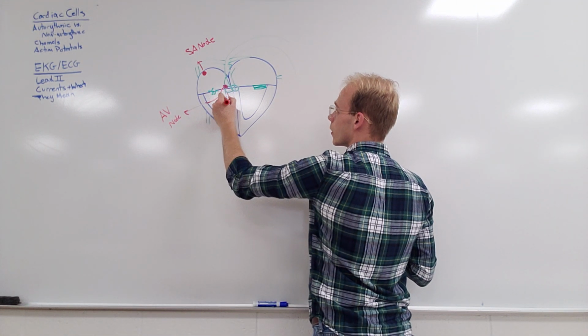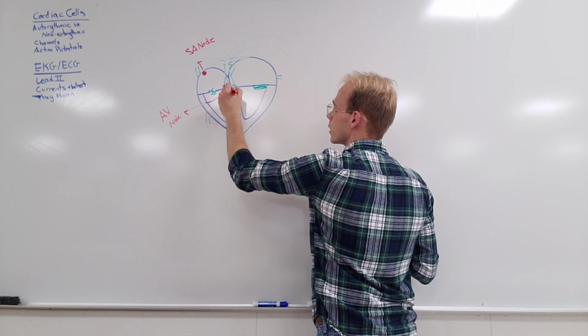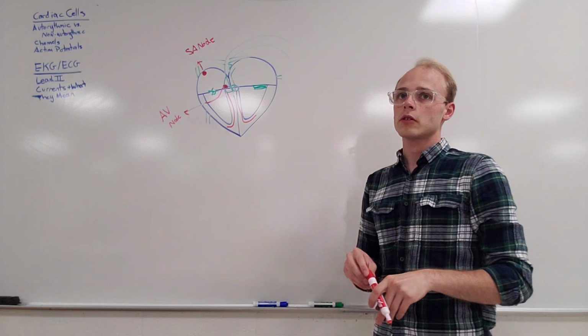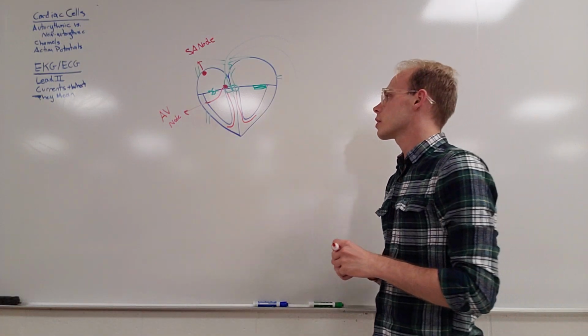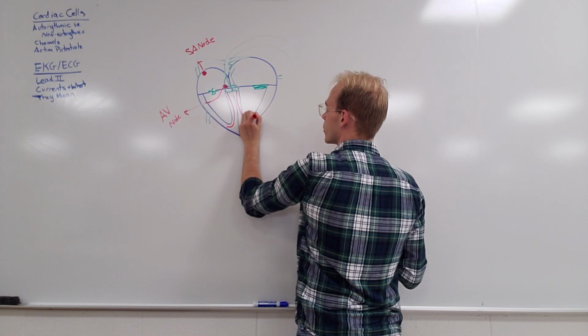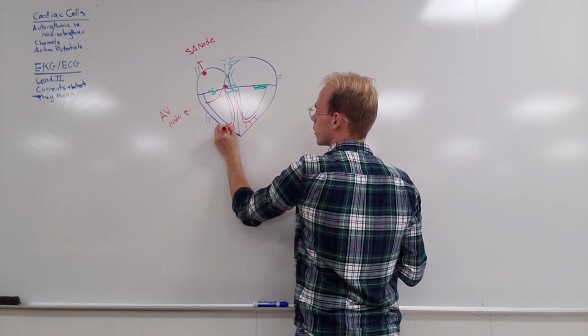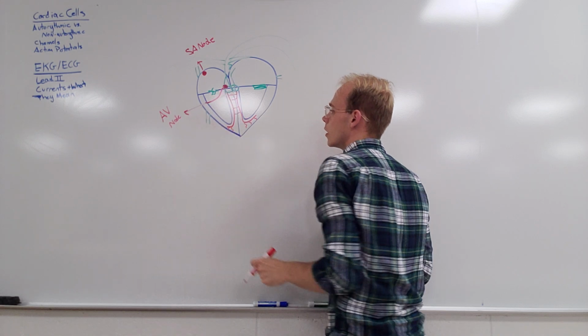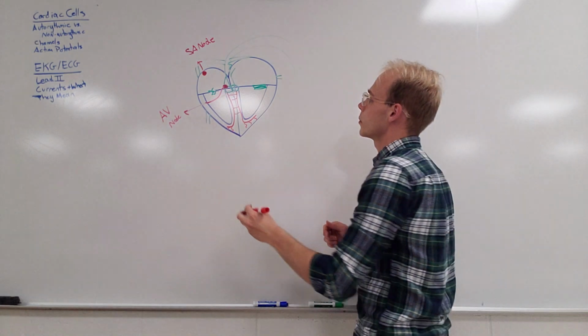Then there are parts here. Those are your bundle branch fibers or bundle fibers. Those are also autorhythmic cells. And then you have little fibers here, here, and then it kind of just continues onward. Got those here. And those are called your Purkinje fibers.